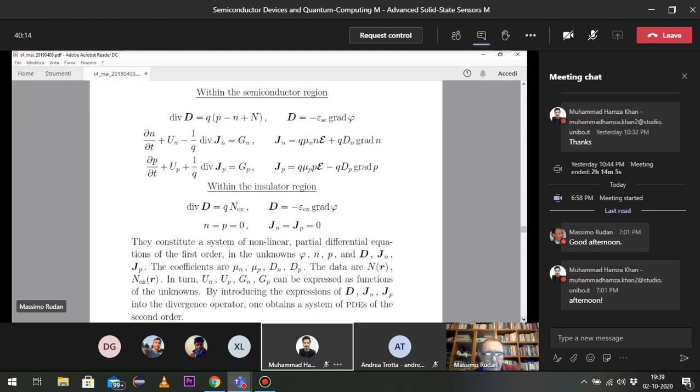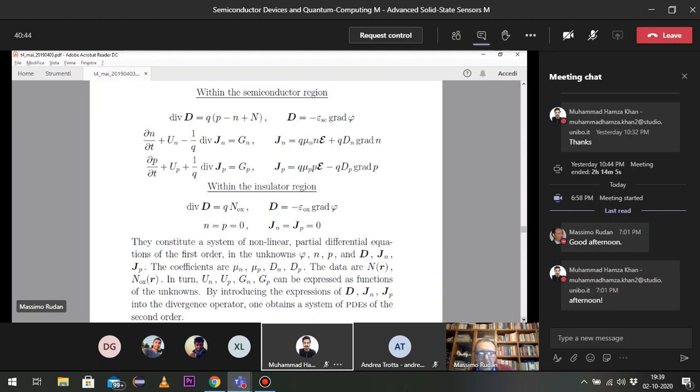So the important aspect is that we are able to express these functions UN, UP, and GN, GP without introducing new unknowns, okay? So we have 6 equations with 6 unknowns that are phi, n, p, electric field, Jn, and Jp.